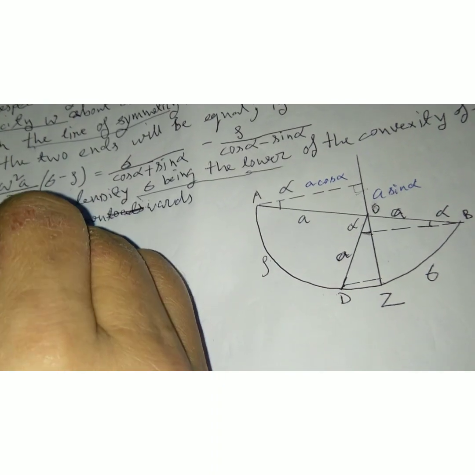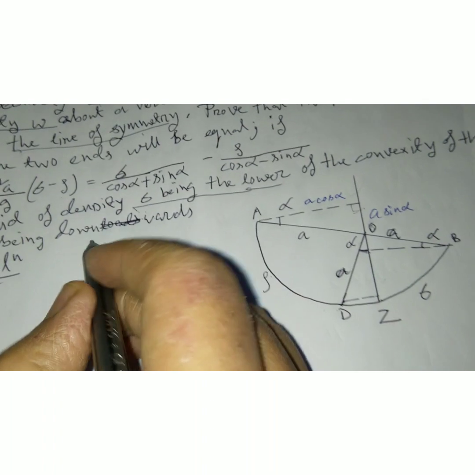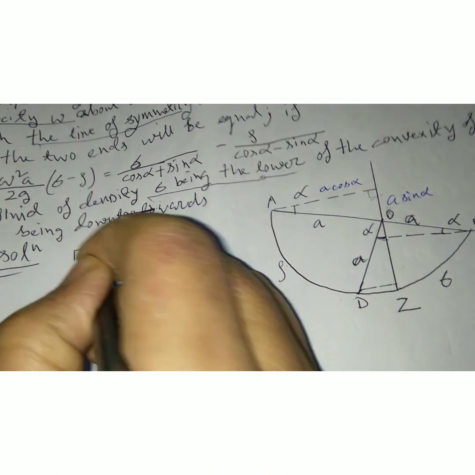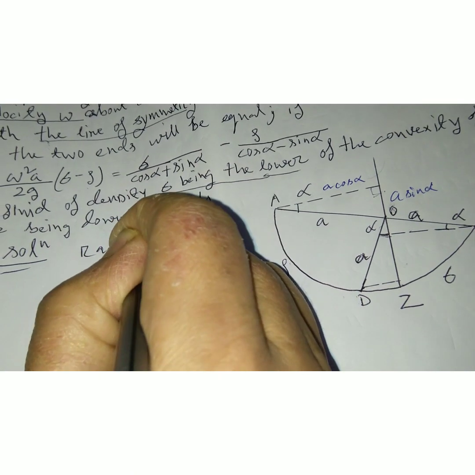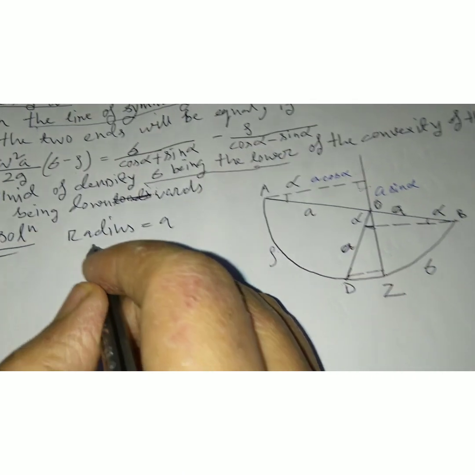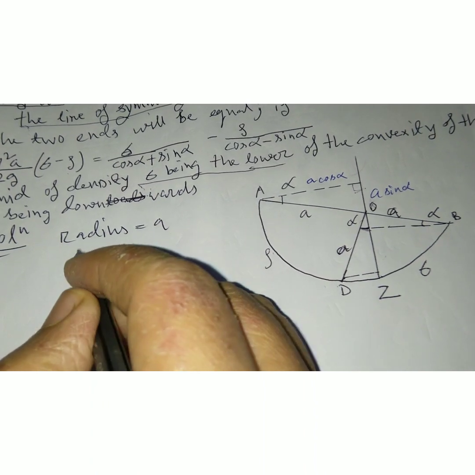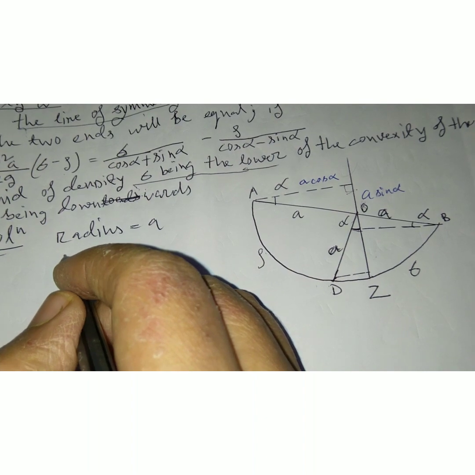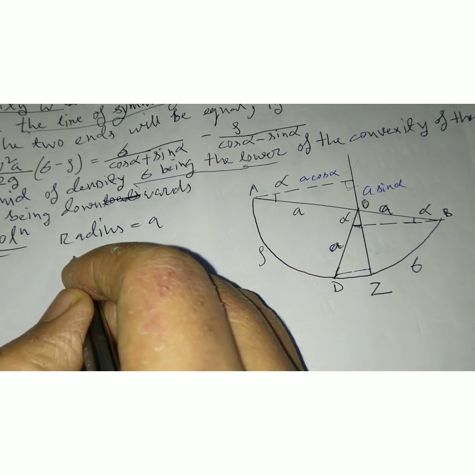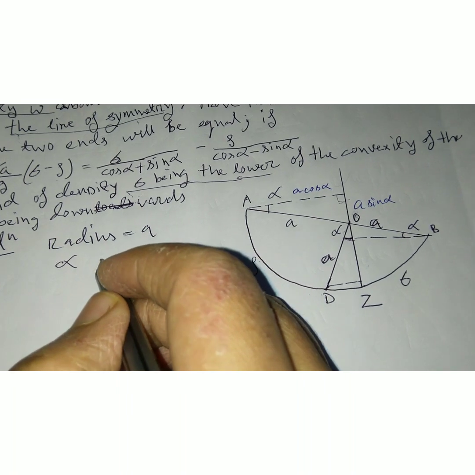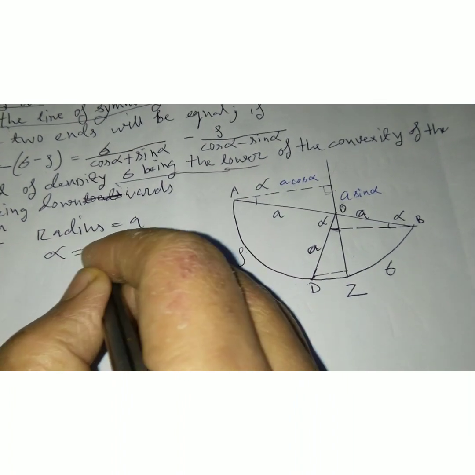See my work. Solution: radius equals a, and alpha is the angle.